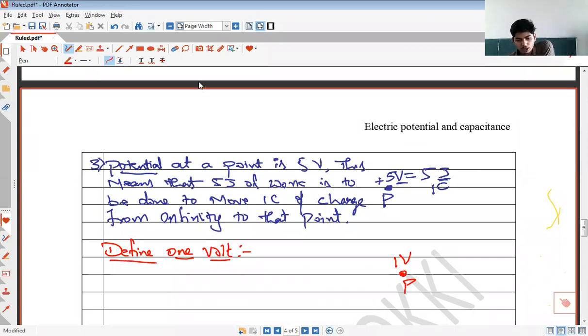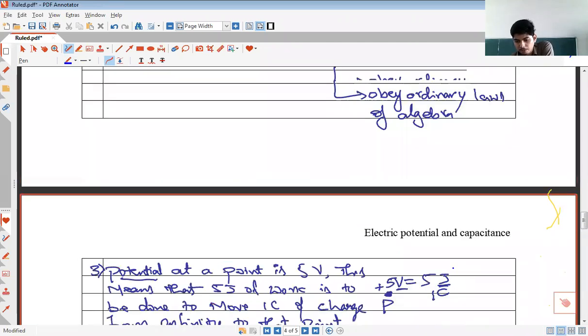See, potential at a point is said to be 1 volt if 1 joule of work is done in moving 1 coulomb of charge from infinity to that point. Volt can be written as joule per coulomb. Remember this.